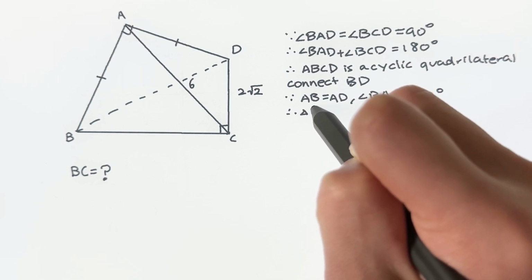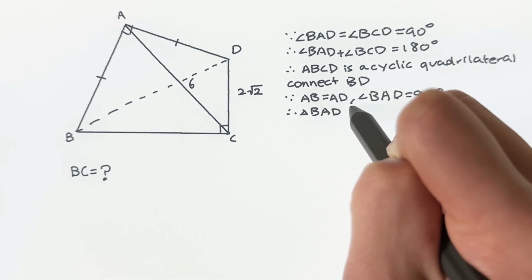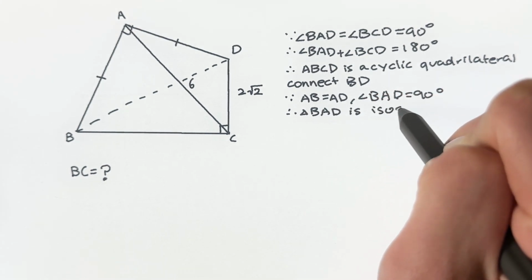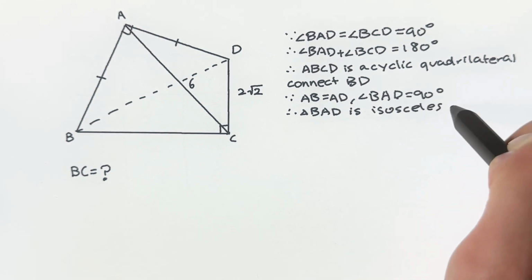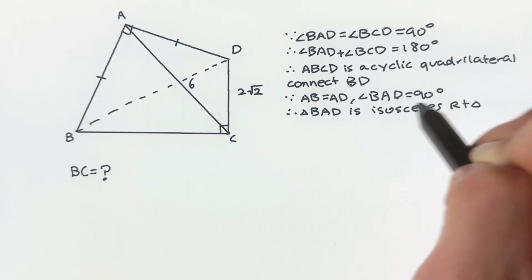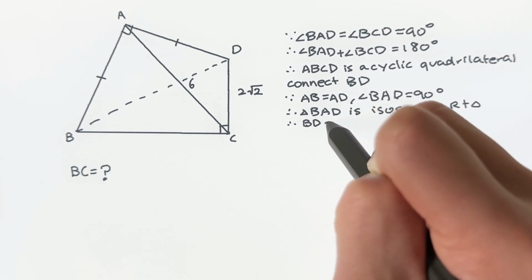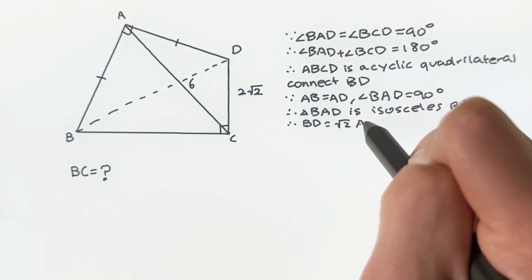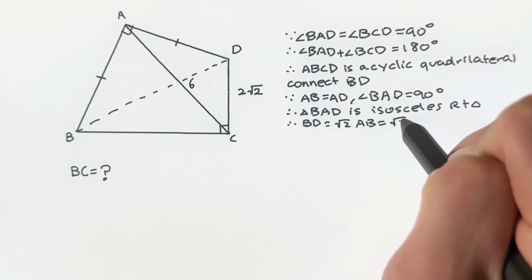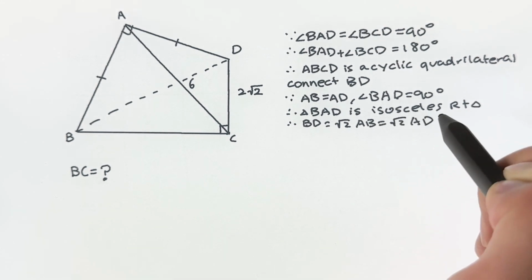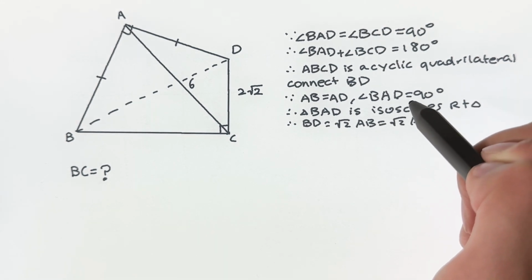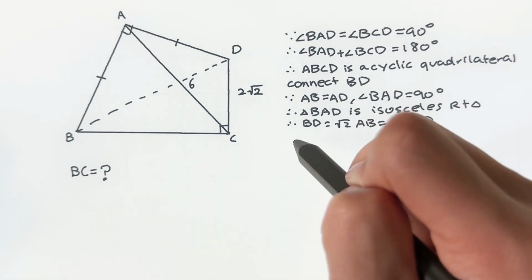So triangle BAD is an isosceles right triangle. So BD equals square root 2 times AB, which equals square root 2 times AD. This will come in handy when applying Ptolemy's theorem.